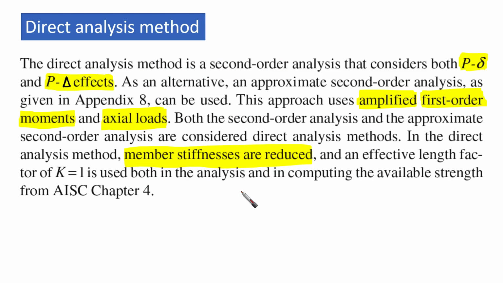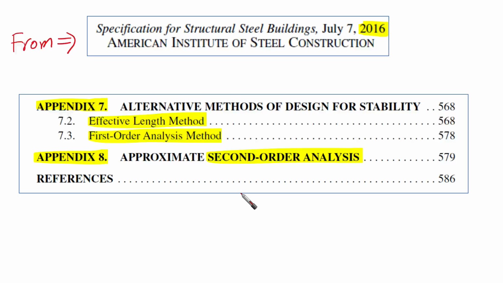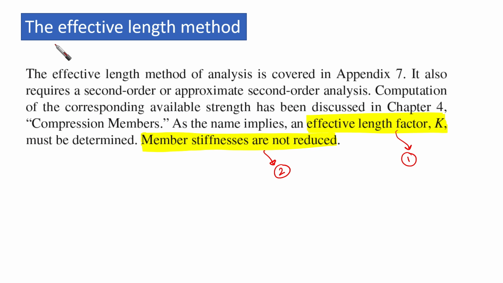Let's go to the second method, which is the effective length method. The effective length method of analysis is covered in Appendix 7. It also requires a second order or approximate second order analysis.